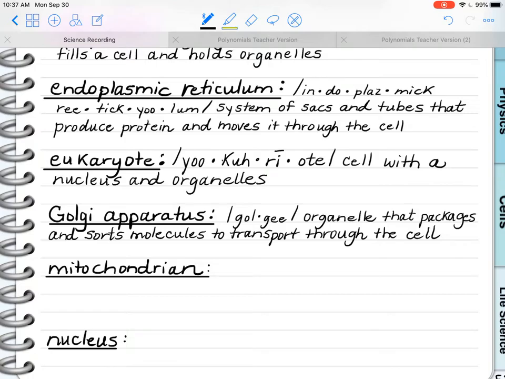A mitochondrion. Let me sound this one out for you. Mitochondrion. This is singular. Most always you will see it without the N, mitochondria. But if you see one of them, it's a mitochondrion. This is one of our organelles, one of those little structures in the cell, and it has a specific job. It is an organelle that provides energy to the cell.